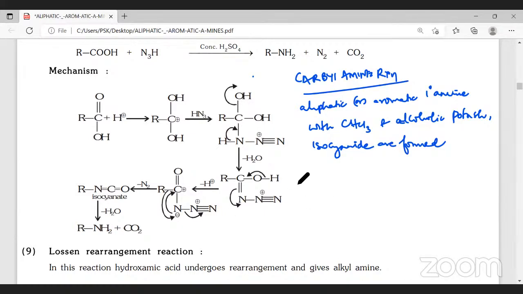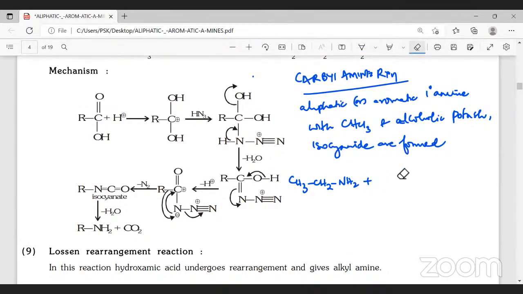Now for an example, if we take an aliphatic amine like this, CH3CH2NH2, and allow it to react with chloroform, CHCl3, in the presence of alcoholic potassium hydroxide, we are heating.